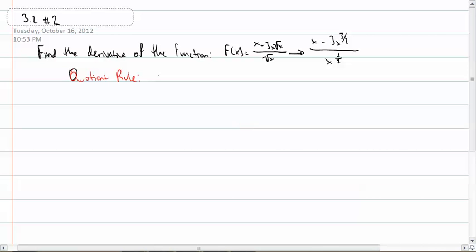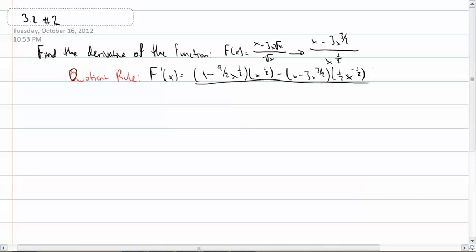Okay, so now that you're using the quotient rule, you go ahead and do f prime of x equals 1 minus 9 halves x to the 1 half times x to the 1 half minus x minus 3x to the 3 halves times 1 half x to the negative 1 half, all this over x to the 1 half squared.